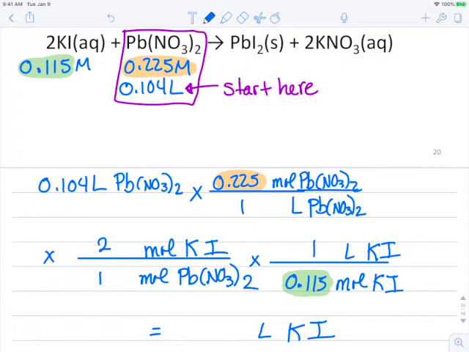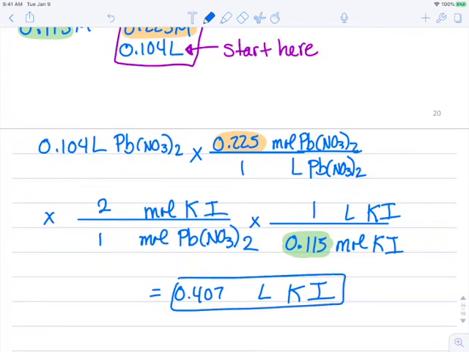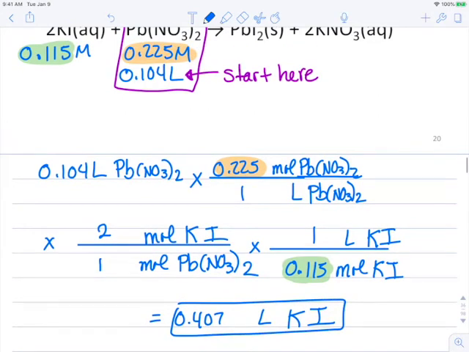Anyone come up with a value for liters of KI? All right, so I'm hearing 0.407. Did everybody get something similar? Yes. All right. So, any questions on anything so far?